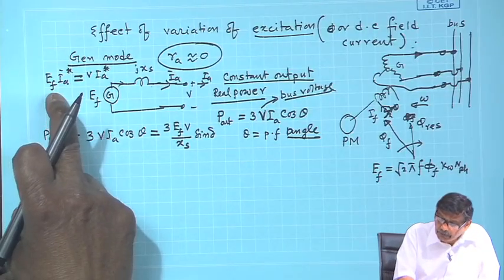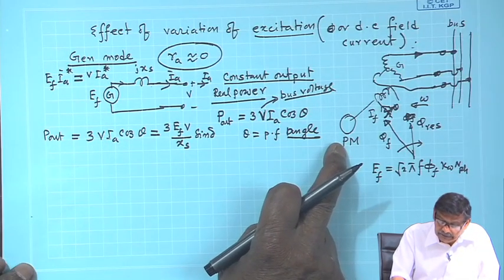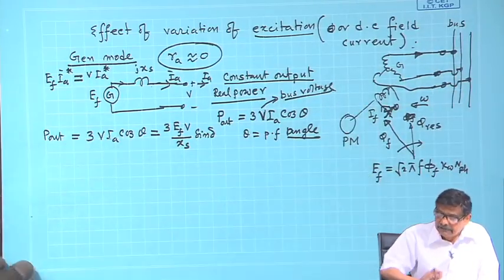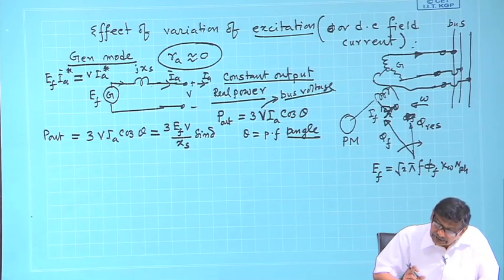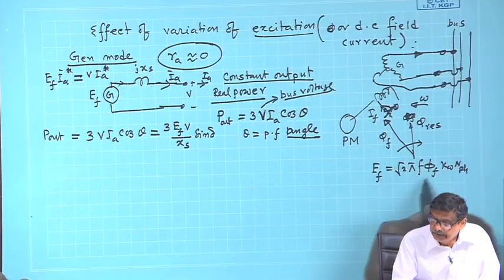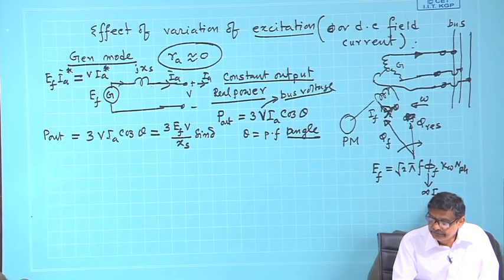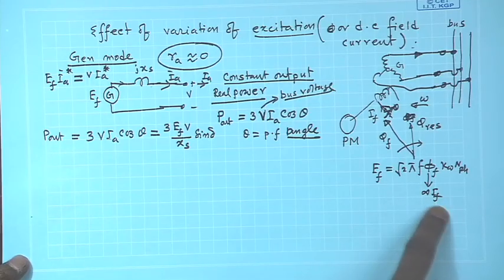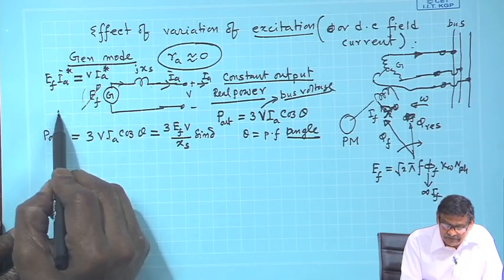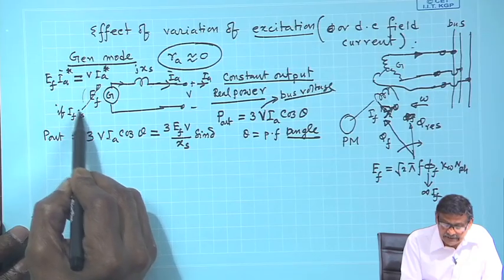How much will be the prime mover input needed, power delivered? Same as this, whatever you are delivering here, that must come from the mechanical side. But one thing is very clear, if I vary I f, phi f is directly proportional to I f. Therefore, as you vary the field current of the alternator, the induced EMF in the alternator will change, E f is bound to change, that is the magnitude of this will change if I f is varied, why not?